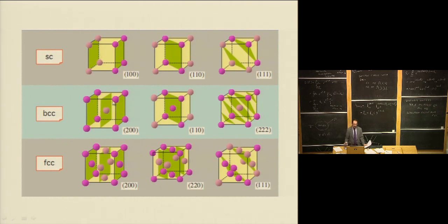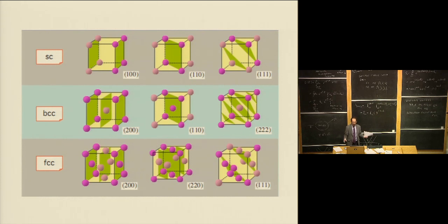If I tried to use that 1, 0, 0 for BCC, it would not be a family of lattice planes because you would miss the point in the center of the conventional unit cell. You have to go up to 2, 0, 0 in order to get the extra plane in the middle, a smaller plane spacing, in order to catch that additional lattice point in the middle of the conventional unit cell. Okay? Does this sound familiar?